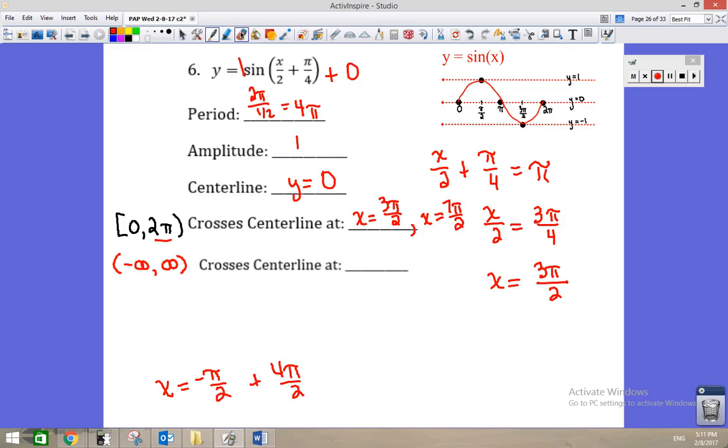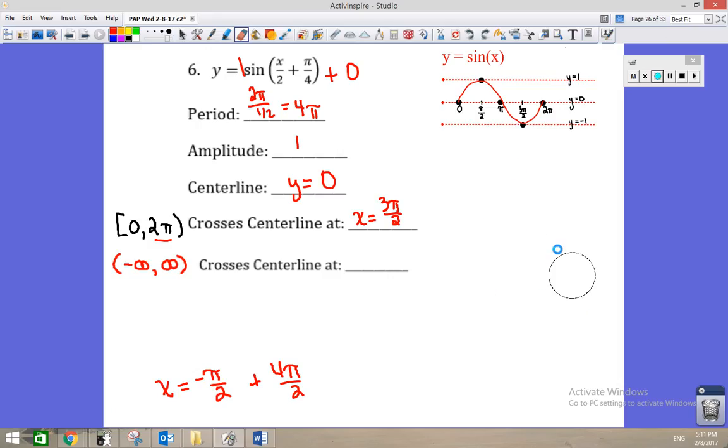So it's exactly as I predicted, that with this horizontal stretch, you're going to lose some of these points where you intersect the center line if you keep your interval from 0 to 2 pi.